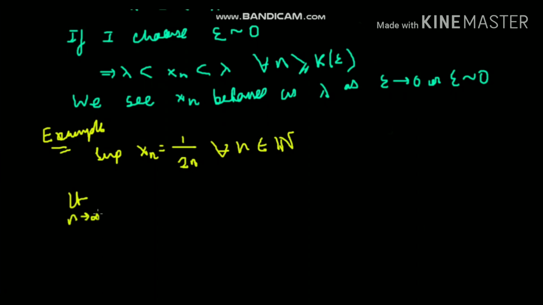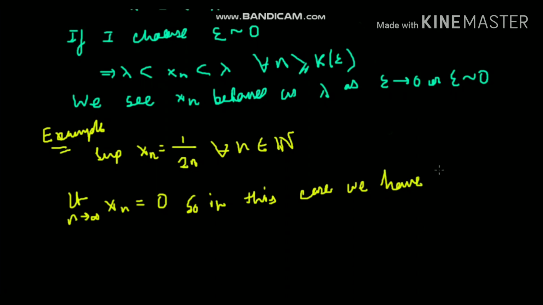Then limit n tends to infinity. Remember the convergence is just equivalent to finding limit n tends to infinity x of n, which comes out to be 0, because we have an infinite quantity and then we are doing 1 by infinity, which is actually 0, because a finite quantity by an infinite quantity is 0.